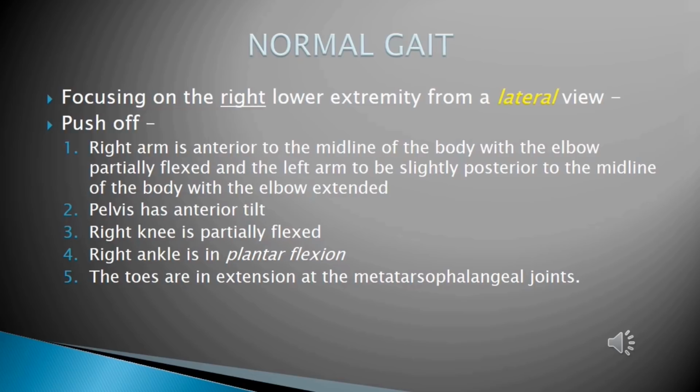But let me tell you, if you lose extension of the metatarsal phalangeal joints, especially of the great toe, it creates a dramatic gait disturbance by shortening the stance phase of gait. Particularly, it shortens the push-off portion of the stance phase of gait. And I have an excellent video for you coming up here shortly.